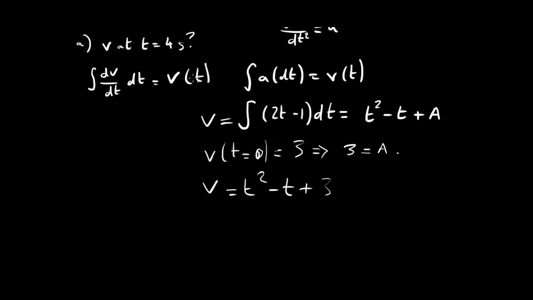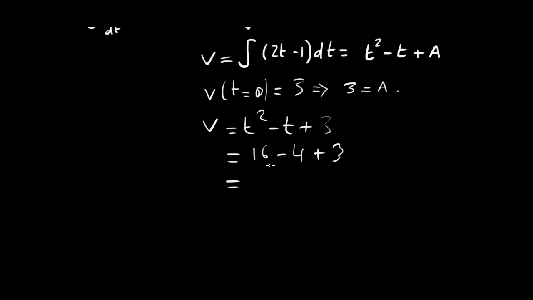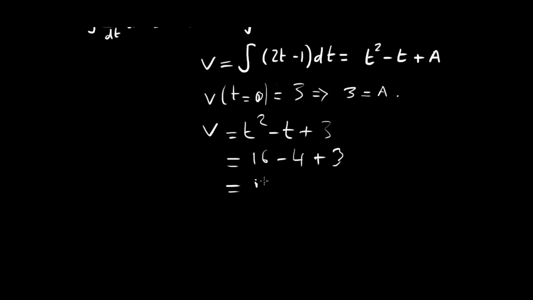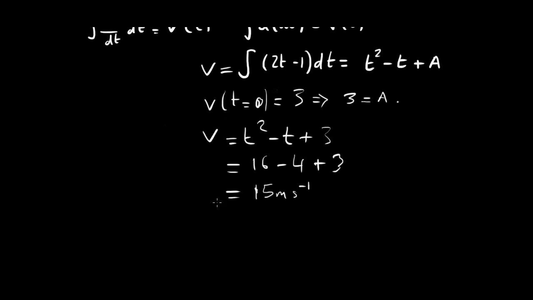And now if t is 4, I put the 4 in here and I get 4 squared minus 4 plus 3. It's a bit of a strange 3. And that gives us 16 minus 4 is 12, plus 3 is 15. So our velocity after 4 seconds, or speed after 4 seconds, is 15 meters per second.